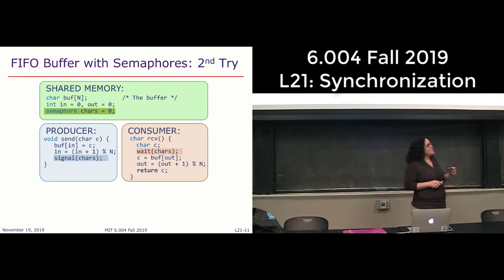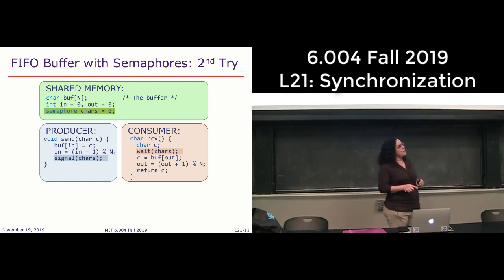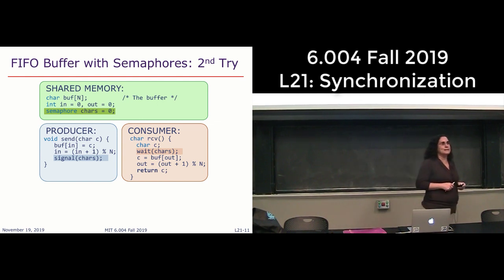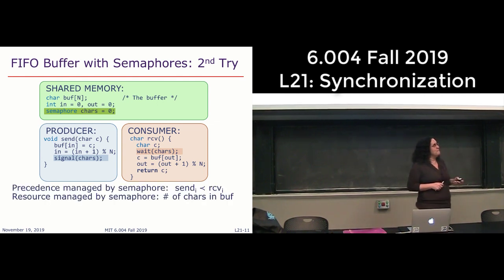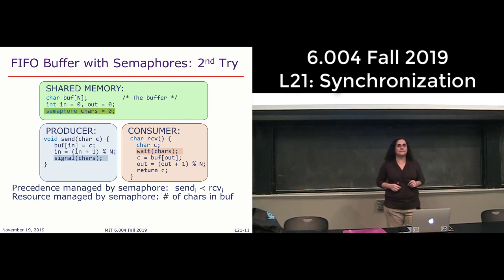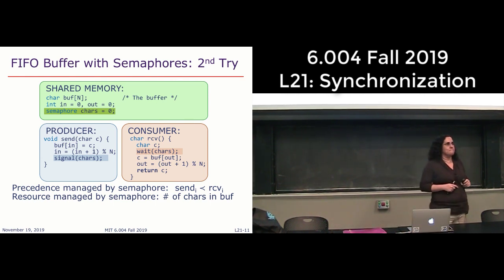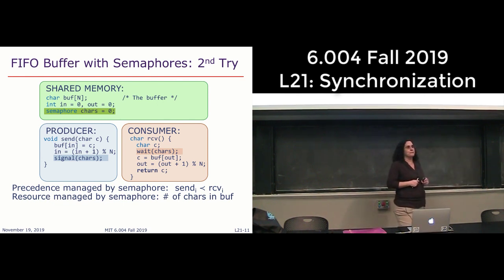And so in this way, we ensure that the producer puts something into the buffer before the consumer tries to make use of it. And so the constraint that we're satisfying here is that send of i precedes receive of i. Okay? And also the number of characters in the buffer is represented by this characters semaphore.